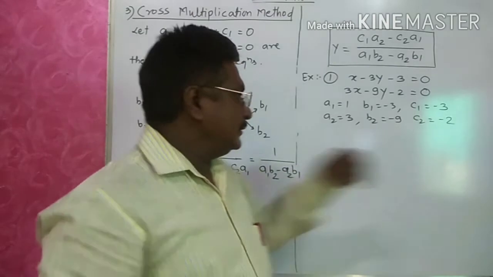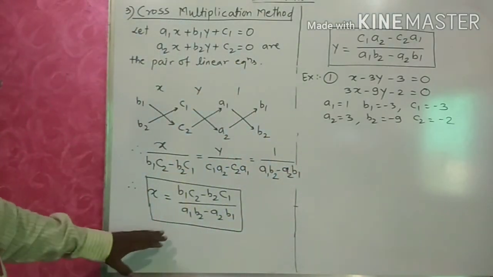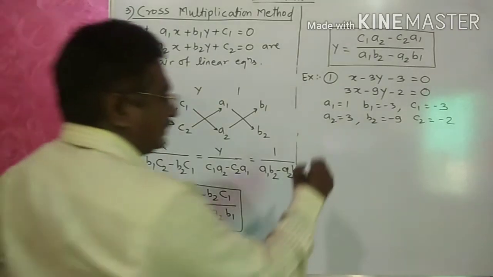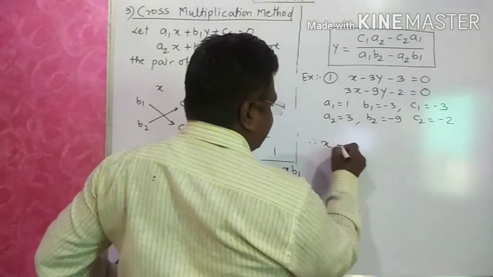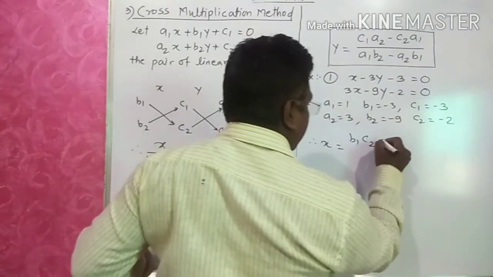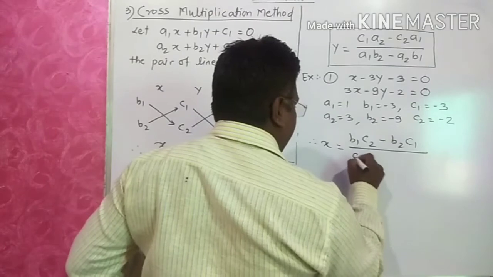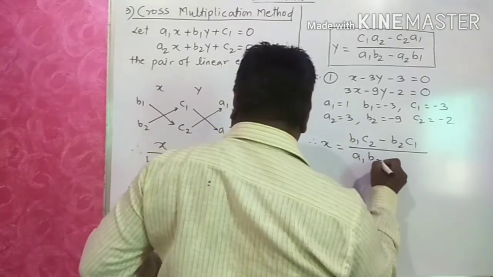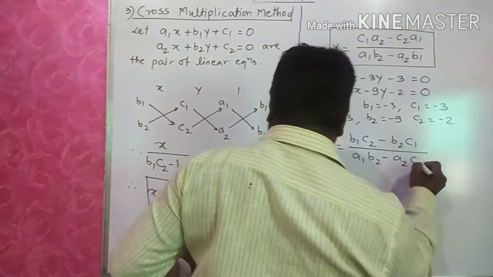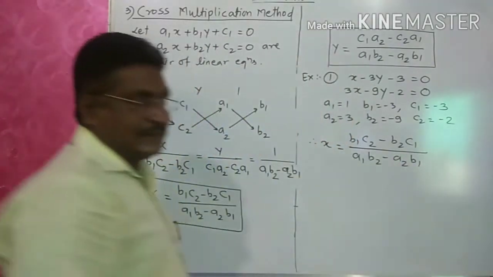Okay students, now we have the direct formula, so we will solve directly. Therefore x equals b1 c2 minus b2 c1 by a1 b2 minus a2 b1. So this is the formula.